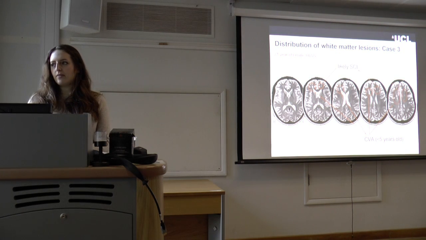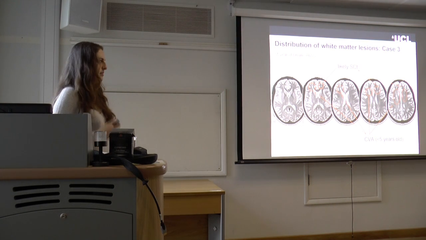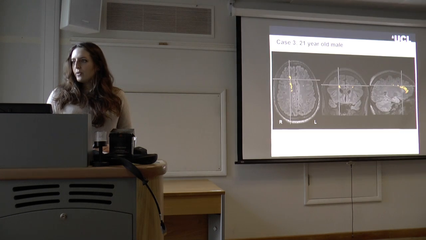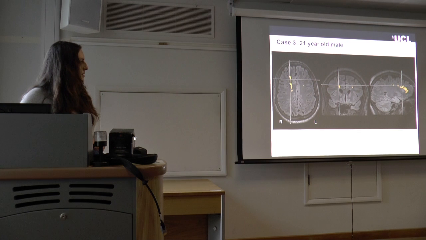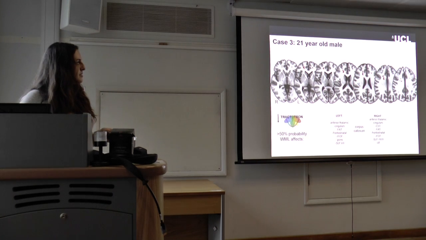And the ones in the left frontal lobe are likely silent infarcts that have happened over time, but we have no idea when those occurred. So a lot of extensive right frontal lobe white matter damage going on here in the FLAIR. And then this is what his lesion looks like in MNI space.